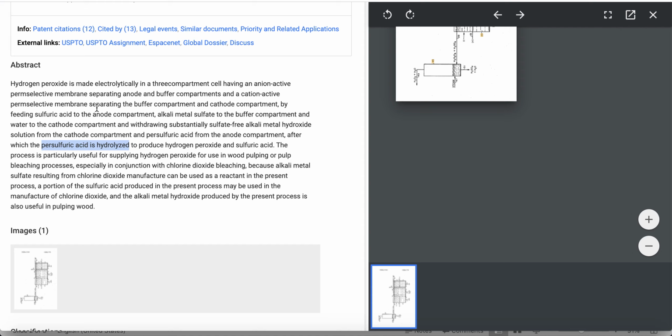By feeding sulfuric acid to the anode compartment, alkali metal sulfate to the buffer compartment, and water to the cathode compartment, and withdrawing substantially sulfate-free alkali metal hydroxide solution from the cathode compartment and persulfuric acid from the anode compartment, after which the persulfuric acid is hydrolyzed.